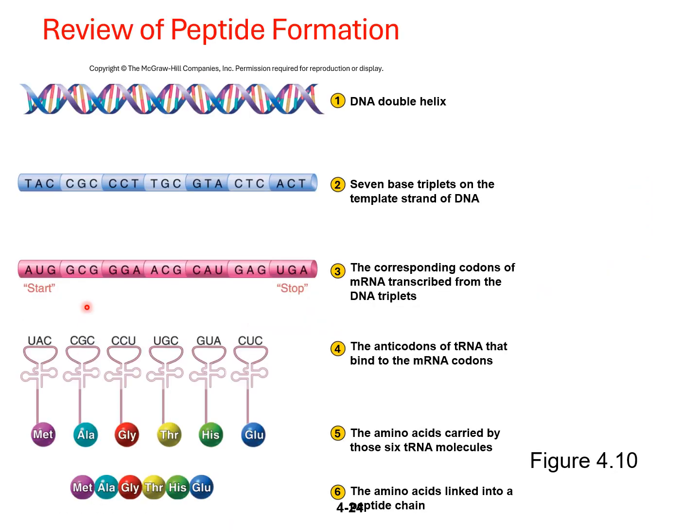So let's review peptide formation. It starts with the DNA. This is going to be transcription. And then right when it goes into messenger RNA and leaves the nucleus, this is going to be the process of translation. And it's translation because it's codons into amino acids.